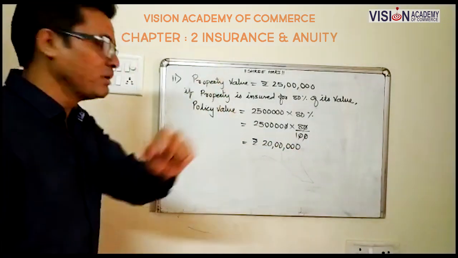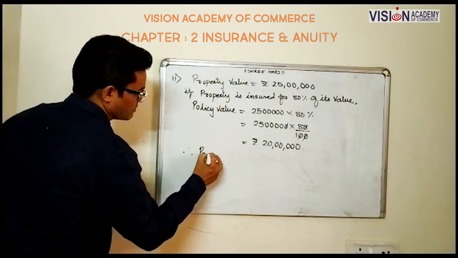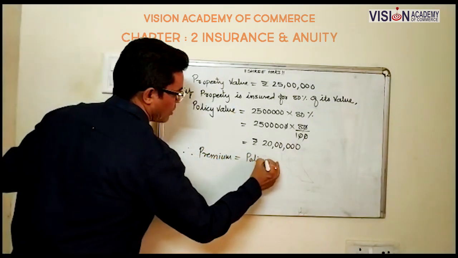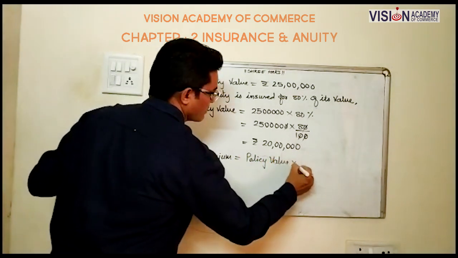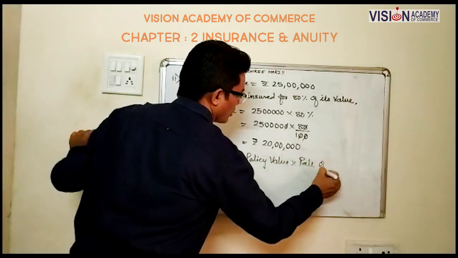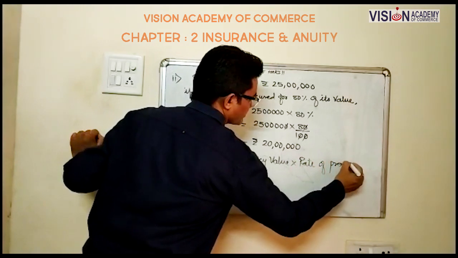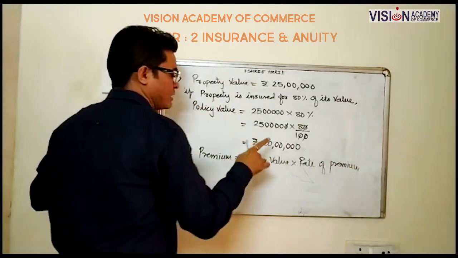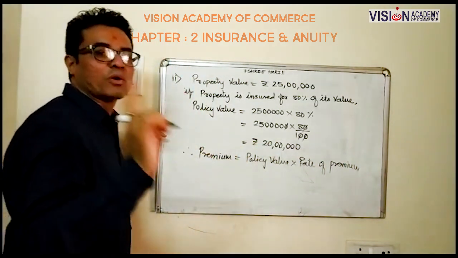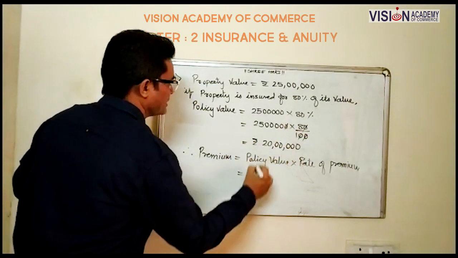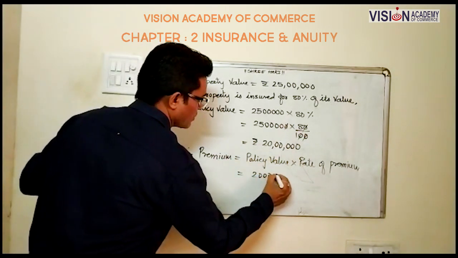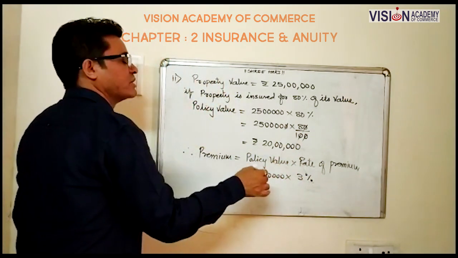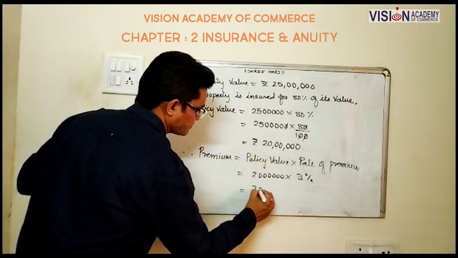So now your policy value becomes 20 lakhs. We require the premium. Premium is always calculated on policy value into your rate of premium. Your policy value is rupees 20 lakhs and the rate of premium is already given as 3%.